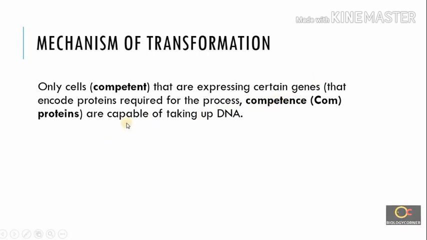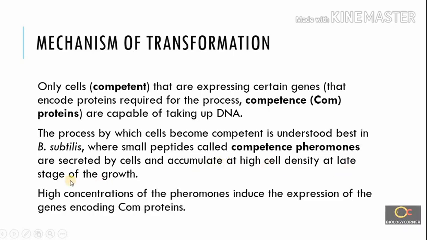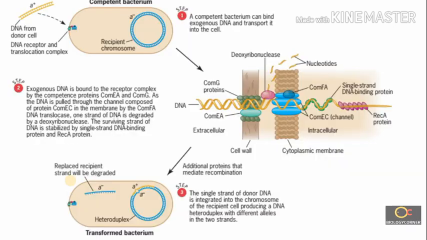These genes are called competence genes and their products are called competence proteins, which make these bacterial cells capable of taking up free DNA. The process by which cells become competent is understood with the example of Bacillus subtilis, where small peptides called competence pheromones are secreted by cells and accumulate at high cell density at late stages of their growth. High concentration of these proteins induces expression of genes encoding competence proteins.